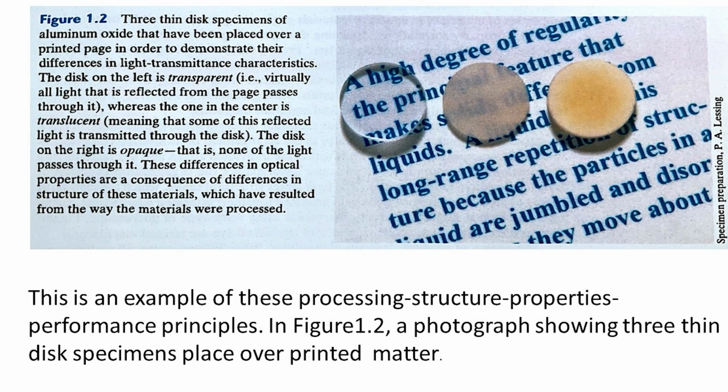So this is figure 1.2. This is an example of these processing, structure, properties, performance relationships. In this figure 1.2, a photograph shows three thin disk specimens placed over printed matter. From the right side, you can see the three thin disks.